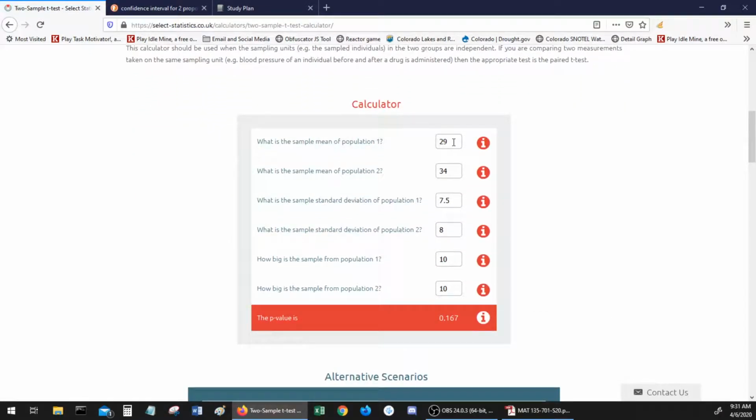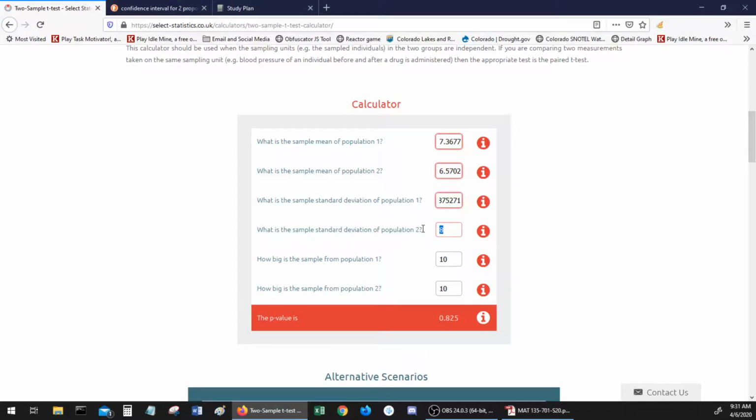Here we go. The sample mean for population 1 was 27.3677. The sample mean for the second population was 26.5702. The first standard deviation was 7.875271.